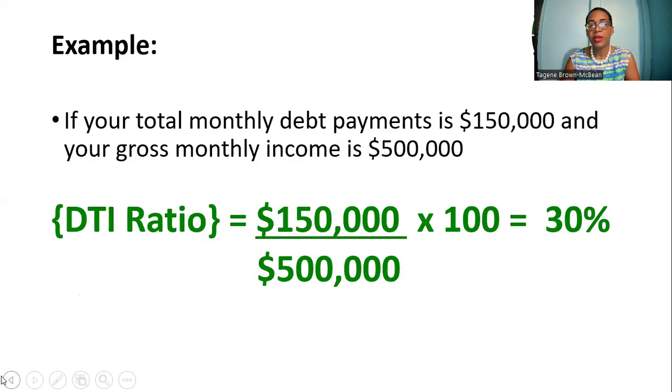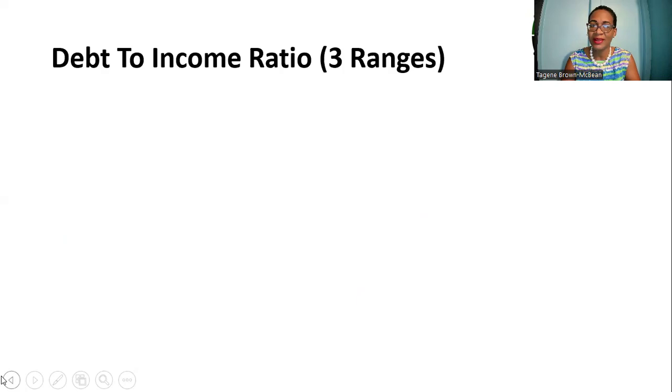So if your total monthly debt payment is 150,000 and your gross monthly income is 500,000, this is what the calculation would look like. 150,000 for your total debt payment divided by your gross monthly income of 500,000 times 100, and then you get 30%. You're wondering, what does this 30% represent? This is where we explain how to really fix your money problem.